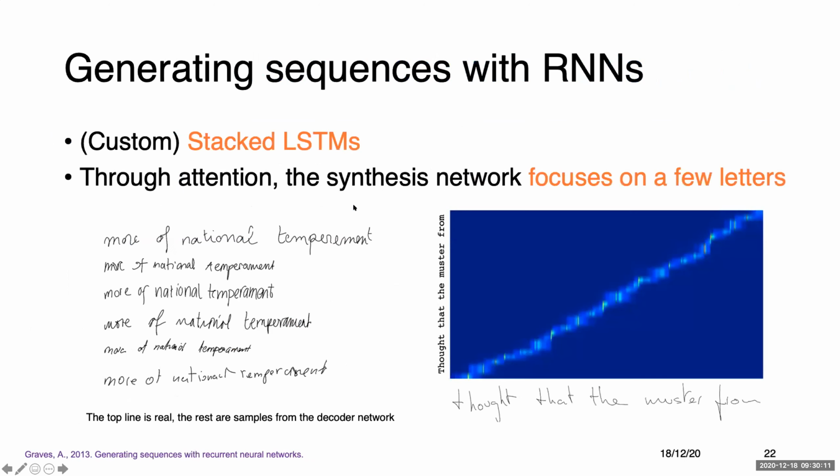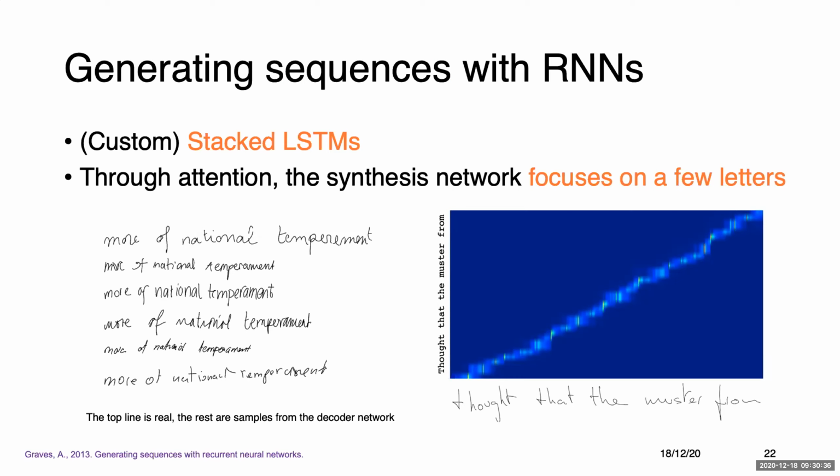The final application is generating sequences with RNNs, which is a paper from Graves, who now works for DeepMind. Through attention, in its experiments, the synthesis network focuses on a few letters. The task here is to produce handwriting from a textual representation of some text.